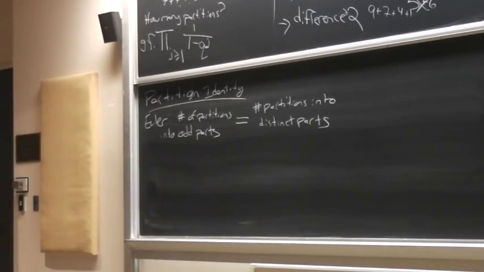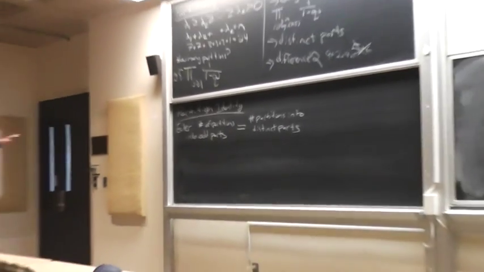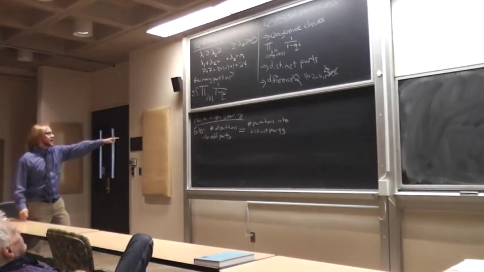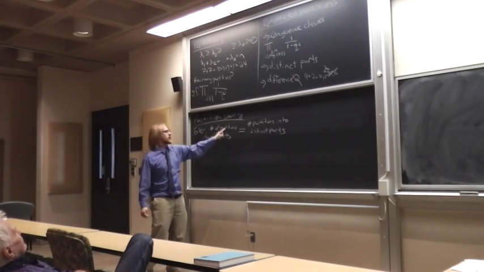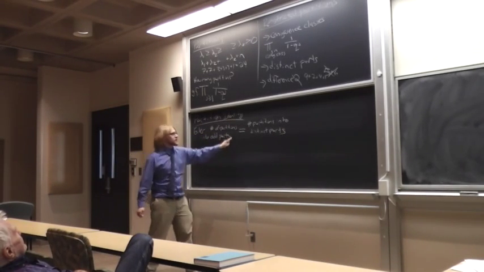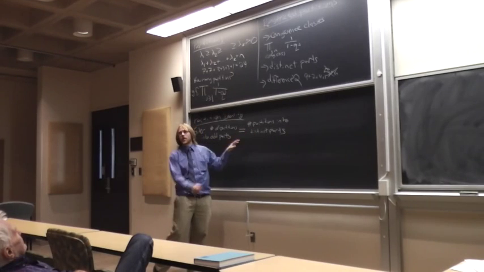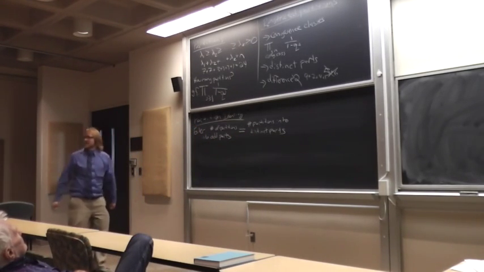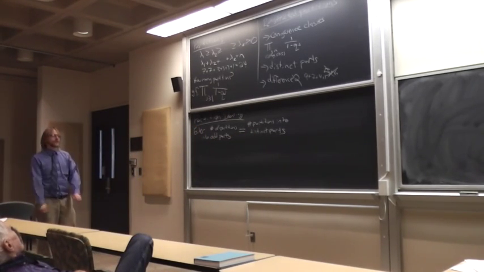And of course, I'm kind of suppressing some notation here. Really I should be saying the number of partitions of n into odd parts equals the number of partitions of n into distinct parts for all n. The board gets filled up if you try to write that every single time. But this is the oldest partition identity.